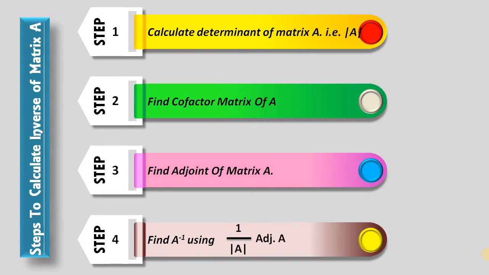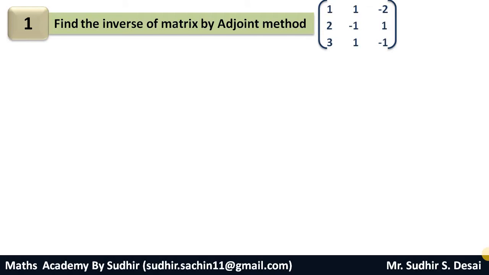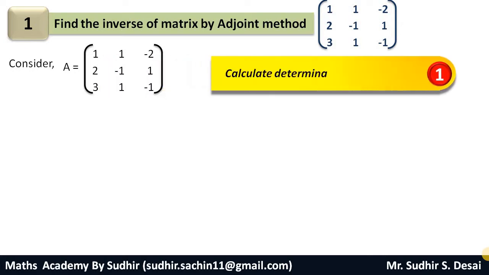So let's use these 4 steps to find the inverse of the following matrix. So find the inverse of matrix by adjoint method, and this matrix is given to us. So first consider this given matrix as A. Now what is the step 1 to find the inverse of any matrix A?